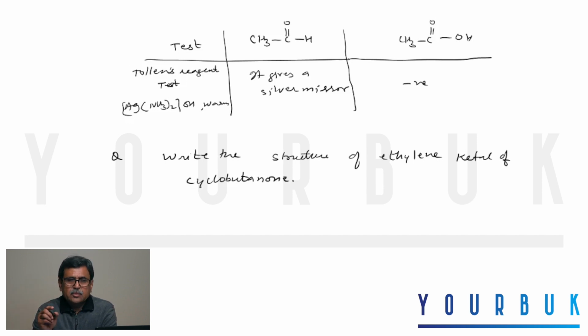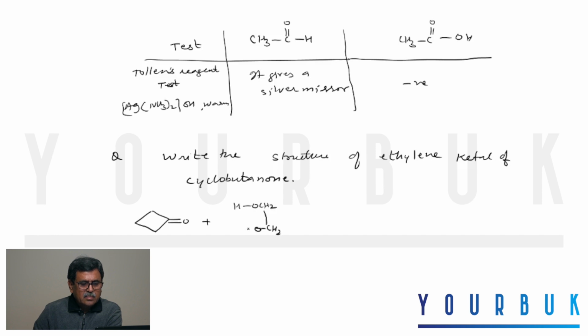So what you have to do, you write the equation first of cyclobutanone, this is cyclobutanone, with ethylene glycol. Now this is ethylene glycol. You remove this water molecule and then you write the structure. So once you know that this is the product formed, write this product as your answer.